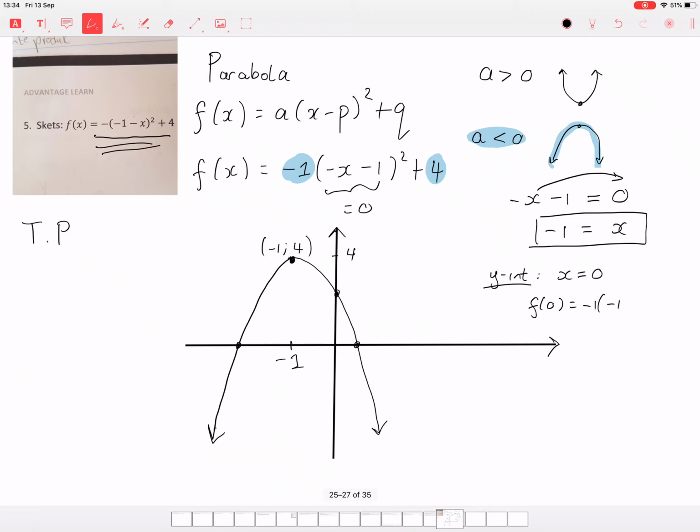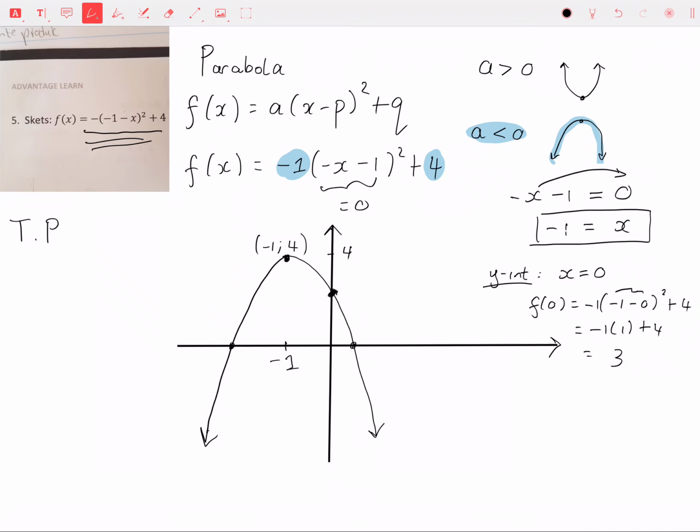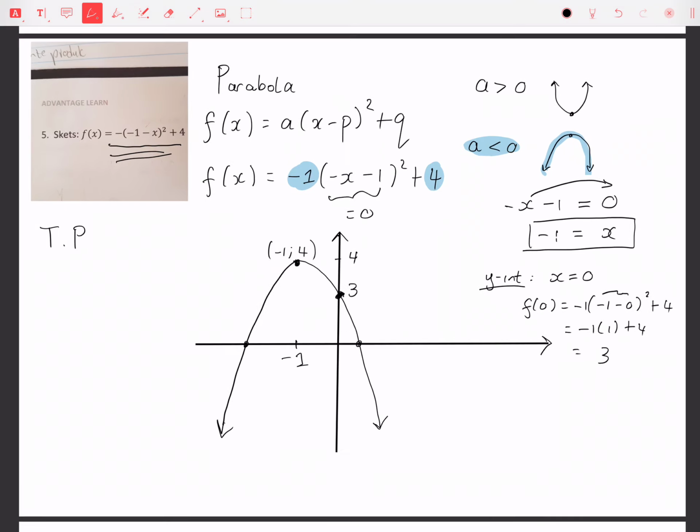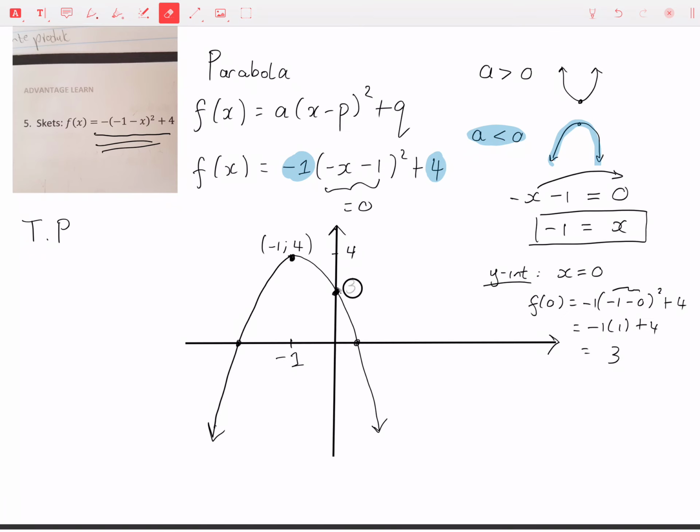So negative 1 into (1 minus 0) all squared plus 4. And then simplifying that down, I just get negative 1 times 1 squared is negative 1, plus 4. So it's going to be positive 3. And that looks right there with our graph. So let's label that as a coordinate, 0, 3.